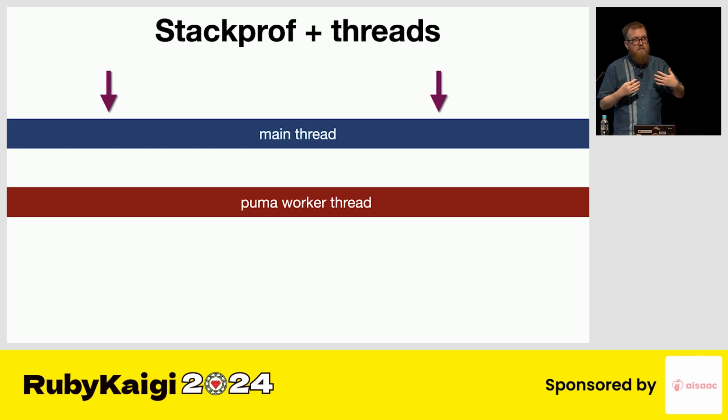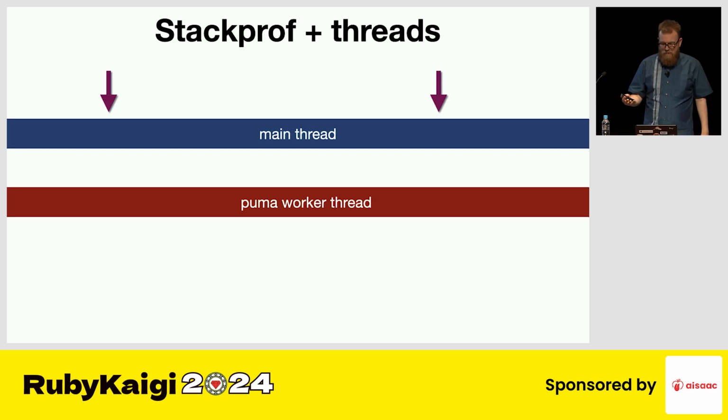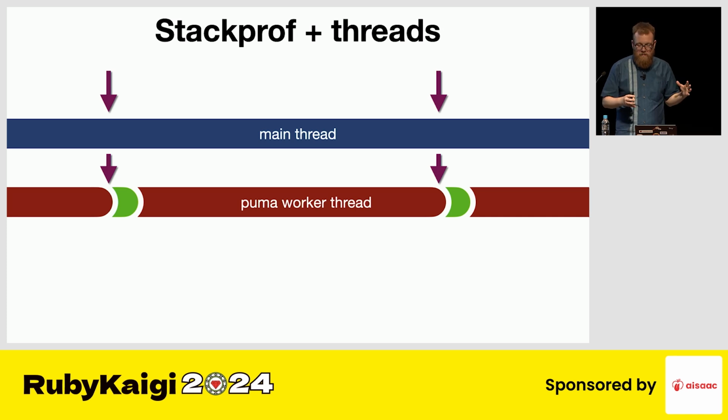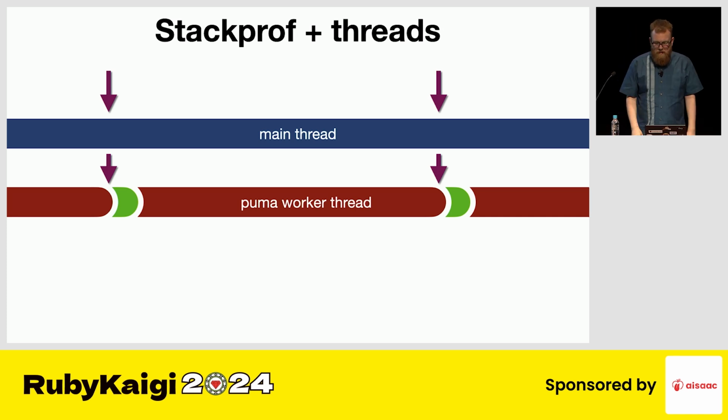And so that the profiles have any information at all, we added a hack to StackProf a while back to just forward signals onto the thread that started the profile. So that made some profiling work, but it was still very inadequate. If there were more threads running, we wouldn't capture any information about them or know how we could improve them.